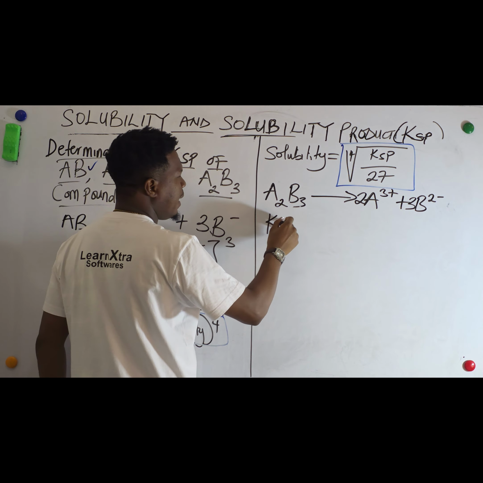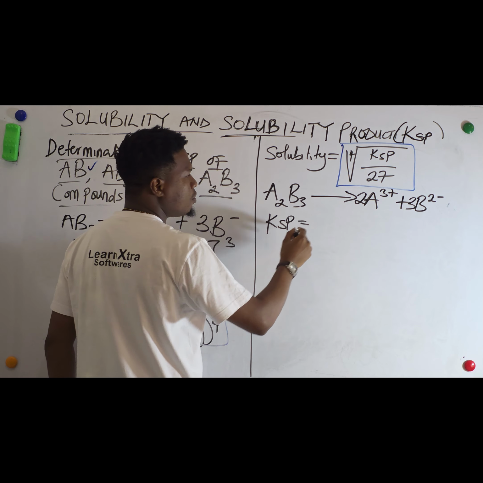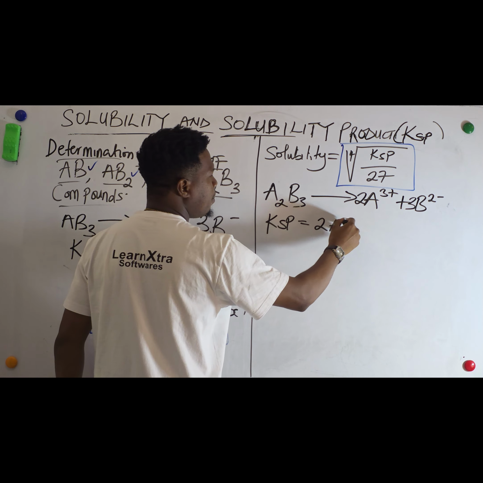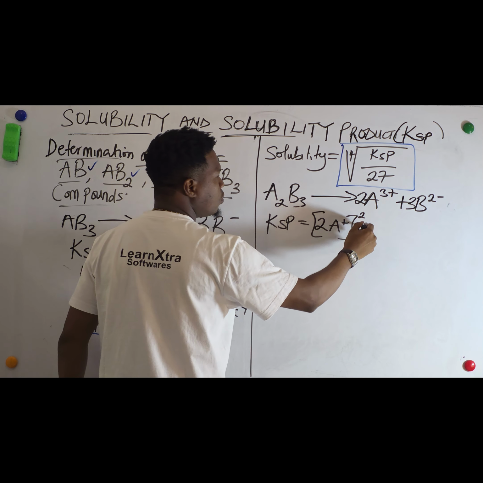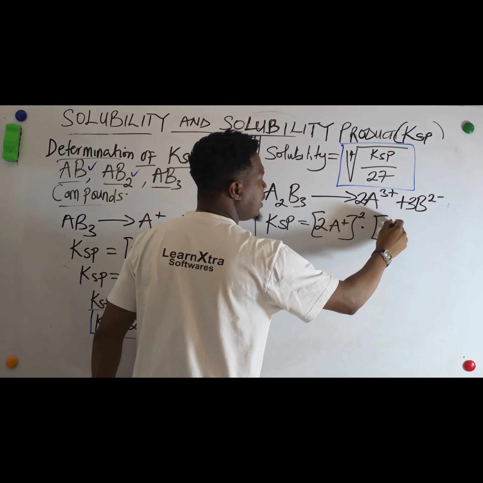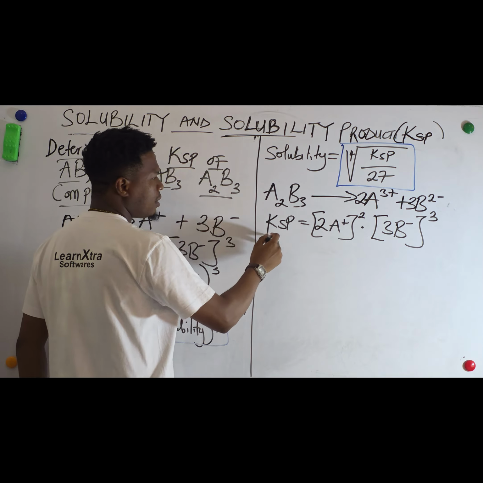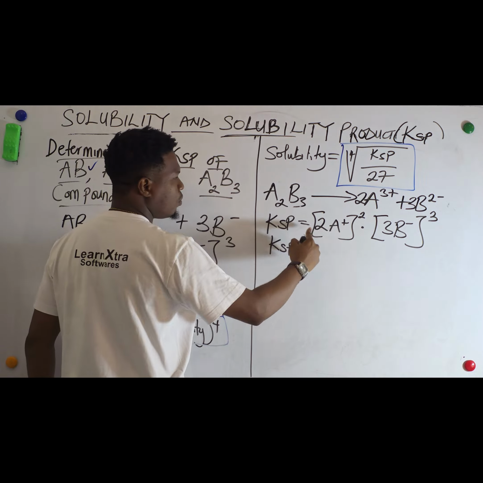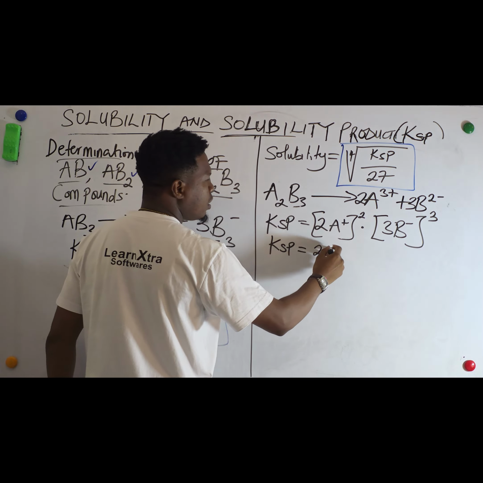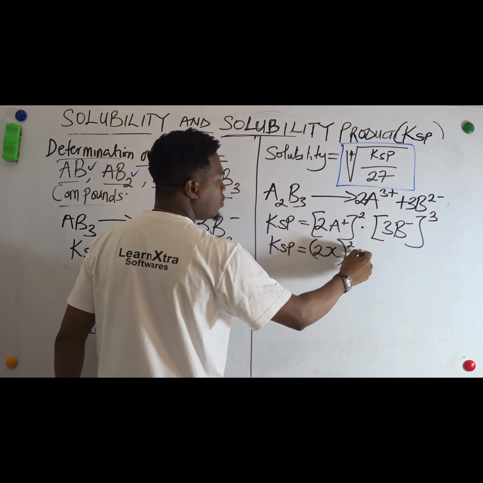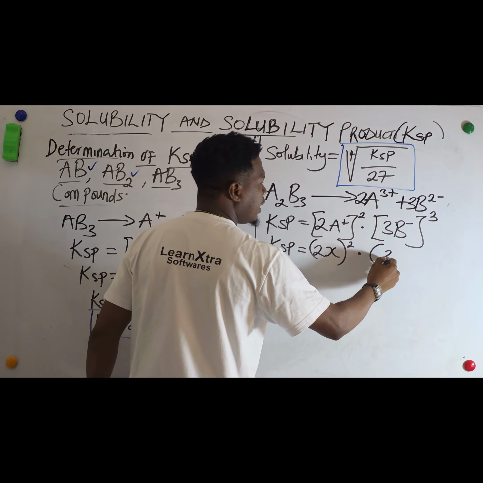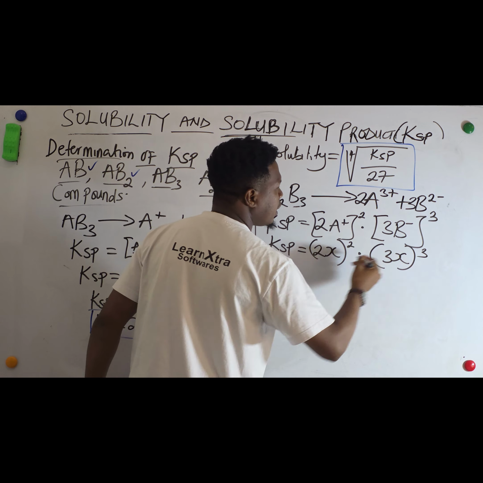So the KSP for this is going to be equal to 2A plus to the power of 2 multiplied by 3B minus to the power of what? 3. So KSP is equal to 2x to the power of 2 multiplied by 3x to the power of what? 3.